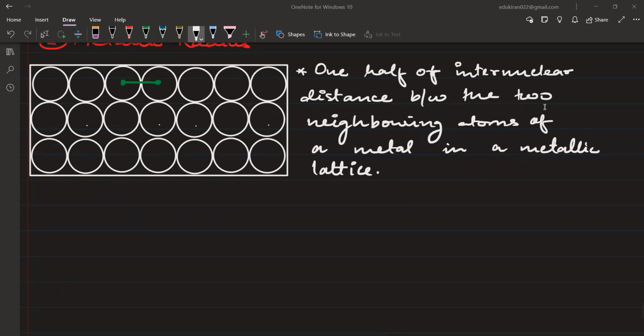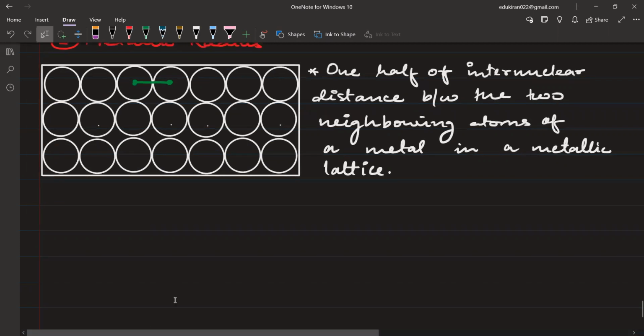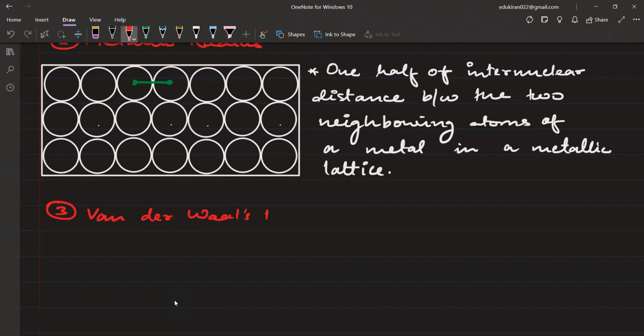Okay, at last we are going to do van der Waals radius, that is used for the measurement of atomic radius for noble gases. Third one, van der Waals radius.